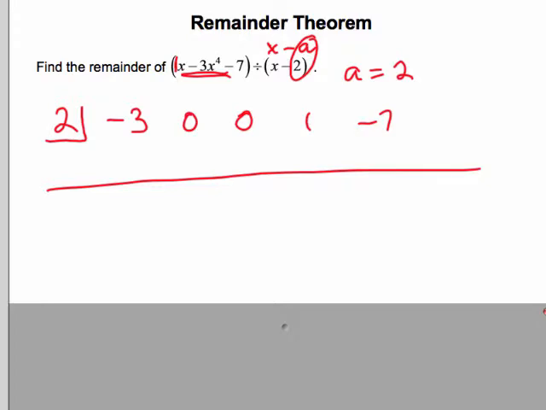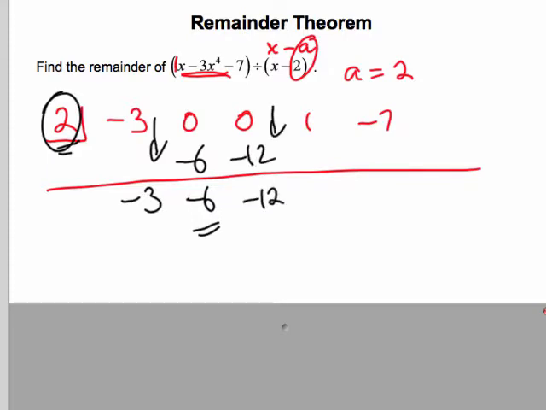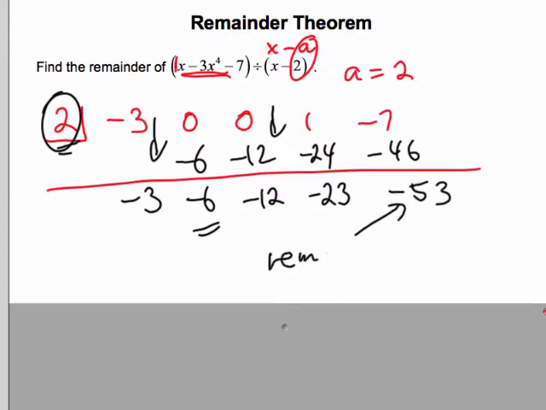And doing synthetic division, bringing down the -3, multiplying by the number in the box, adding, multiplying this number and this number, -12, adding, multiplying, adding, multiplying, adding, and we know that this is the remainder.